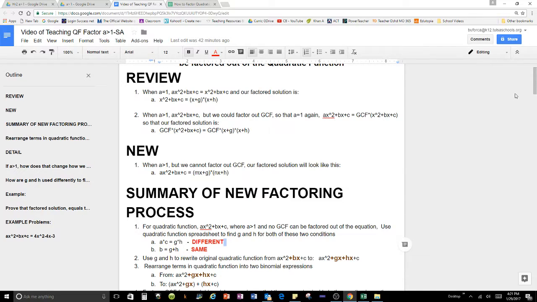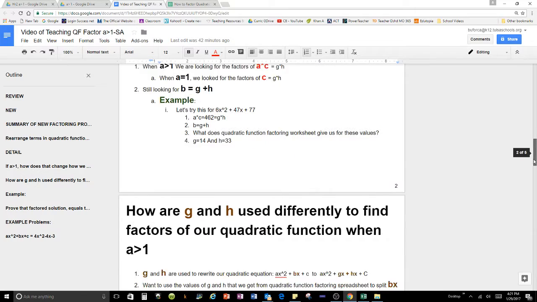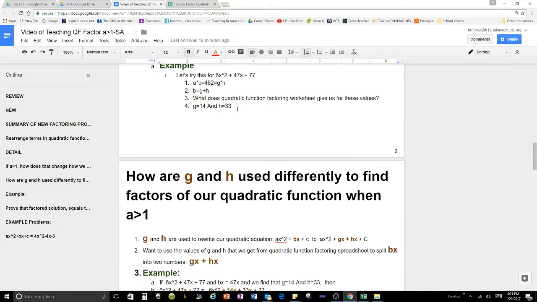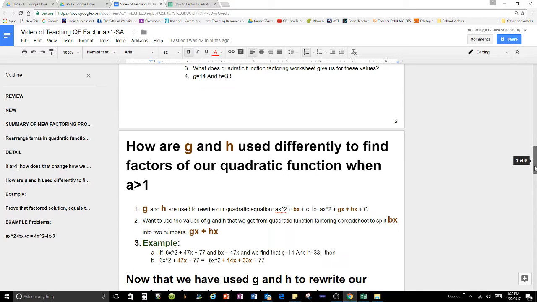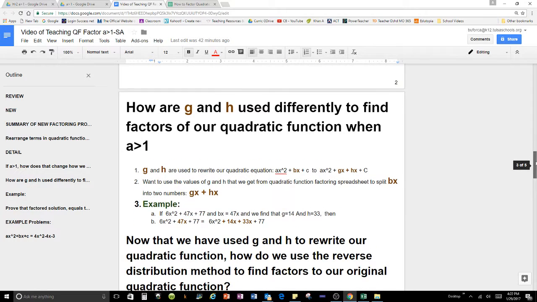But with the new process, we don't do that. Once we find G and H, we're going to use them to replace the value of Bx in our original equation with the sum of Gx and Hx. So let's just see how we do that.